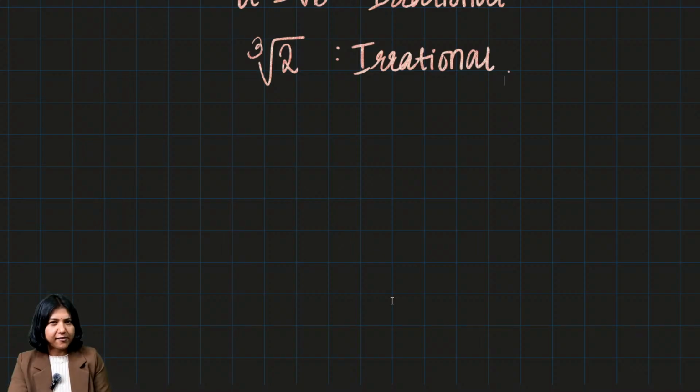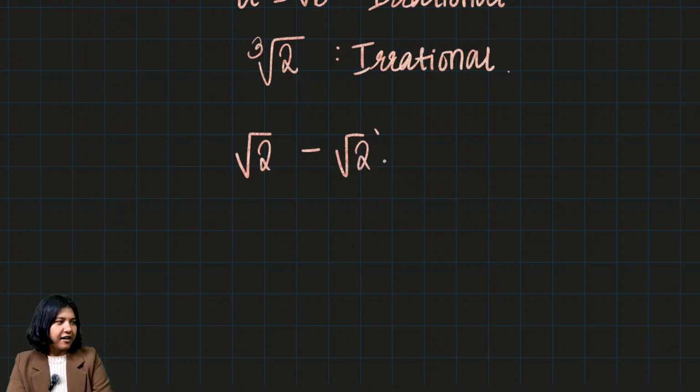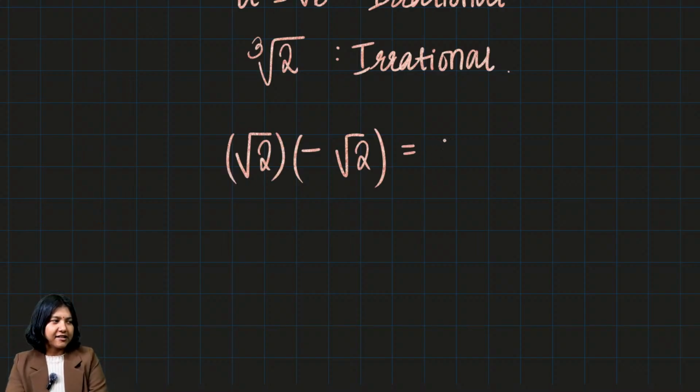How is that possible? It's only possible when you take the equal and opposite irrationals, like plus root 2 and minus root 2. Yeah? Upon taking their sum, what happens is definitely I get 0, which is rational.